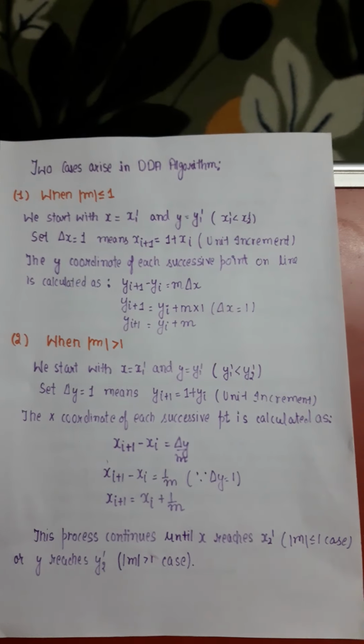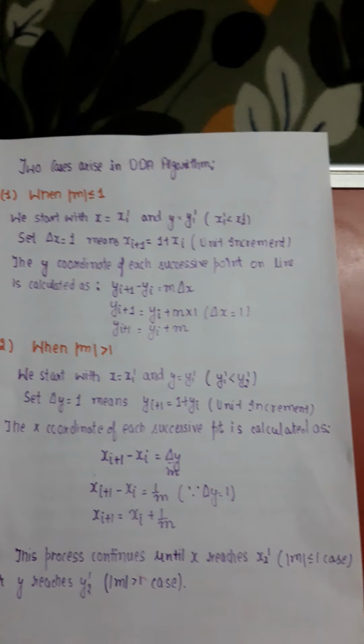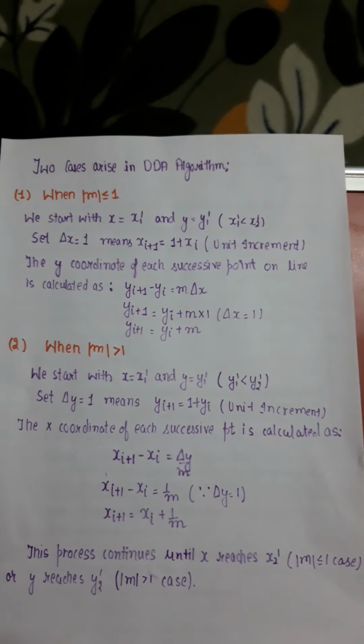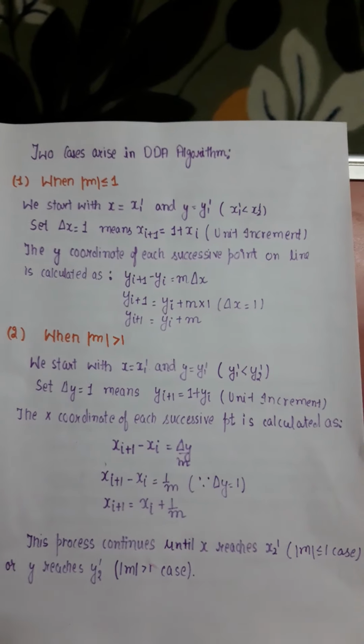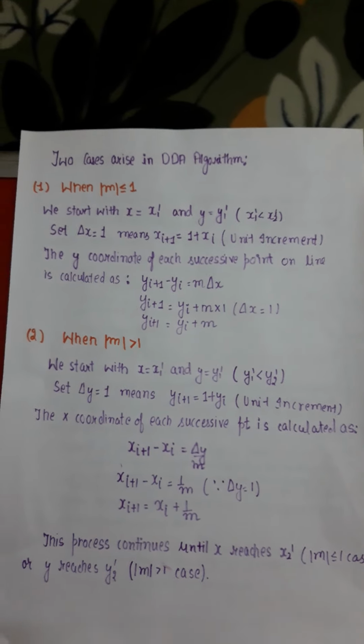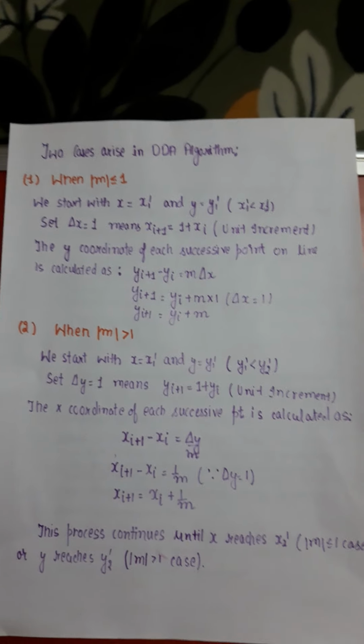The y coordinate of the successive point can be calculated as yi plus 1 minus yi equals m delta x, we know already, and yi plus 1 equals yi plus m into delta x. Since delta x equals 1, yi plus 1 equals yi plus m. Meaning if I want to calculate y2, then it will be y2 equals y1 plus m, right?